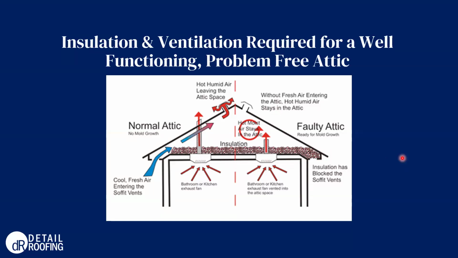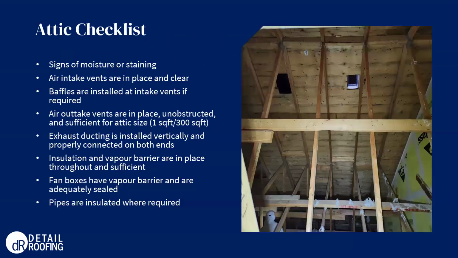When you think about it, those spaces that are being vented, the bathrooms and the kitchens, when those fans are being turned on, it's typically because somebody's having a hot shower or they're cooking something over the stove that's generating a lot of steam. You want to make sure that any of those things are being vented directly out of the roof surface. Otherwise, that's just hot, moist air that's pumping directly into the attic.